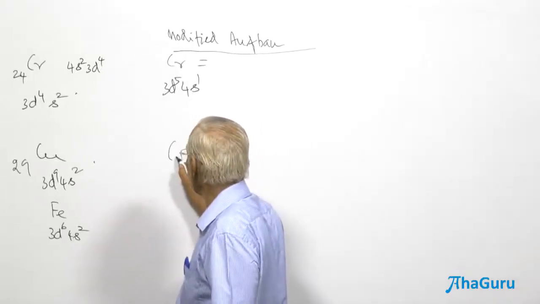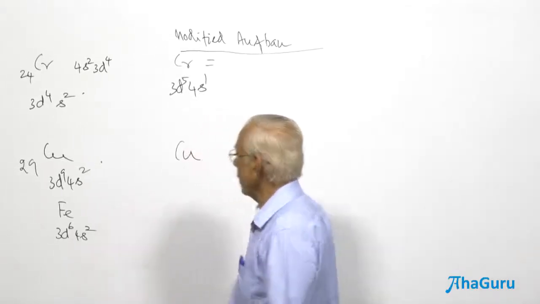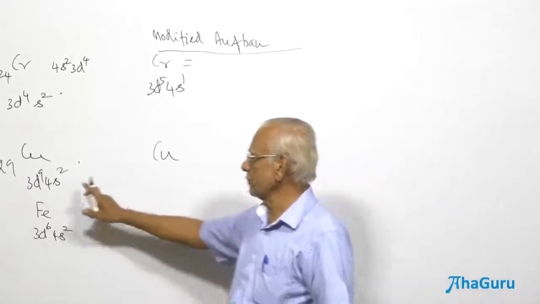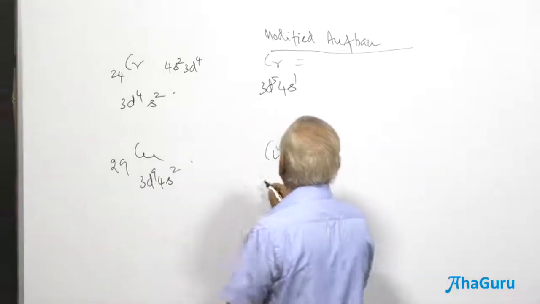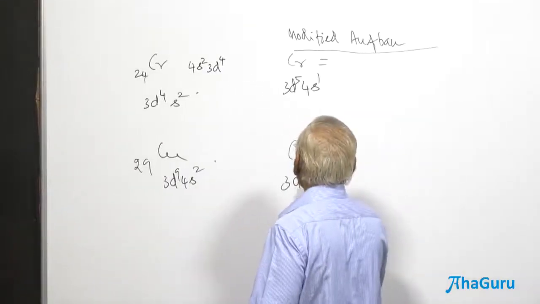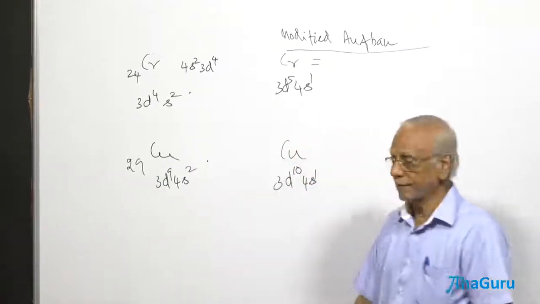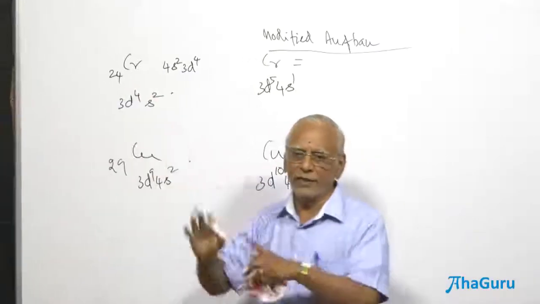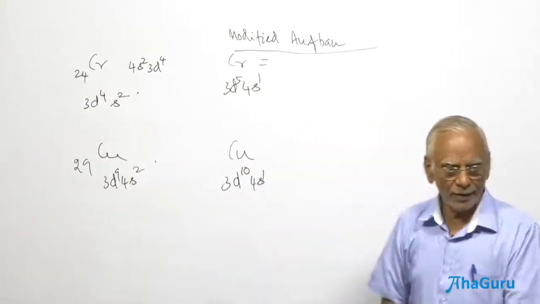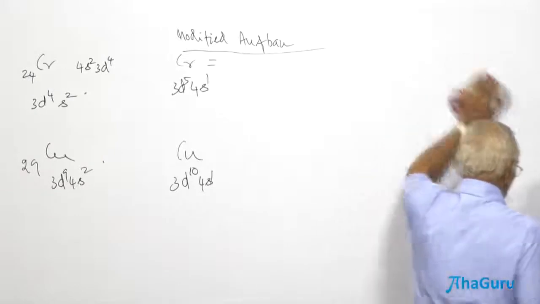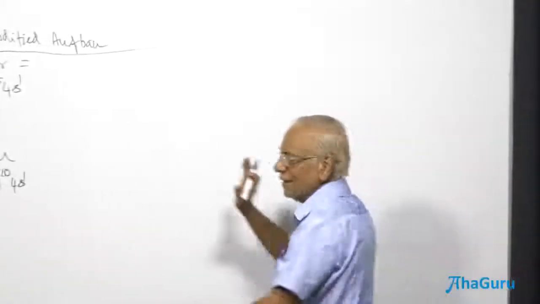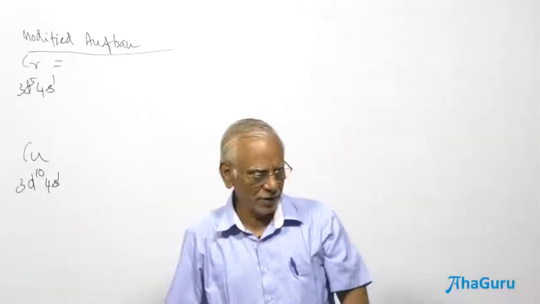Similarly, what should be the modified Aufbau orbital structure of copper? Instead of 3d9 and 4s2, we are going to write this as 3d10 4s1. Take one electron from the s orbital, unpair it and promote it to the d orbital. Only in these two cases, not the other cases.